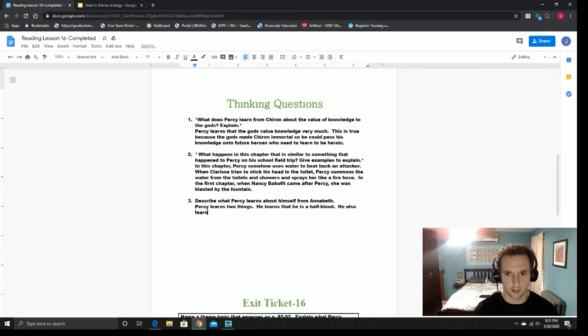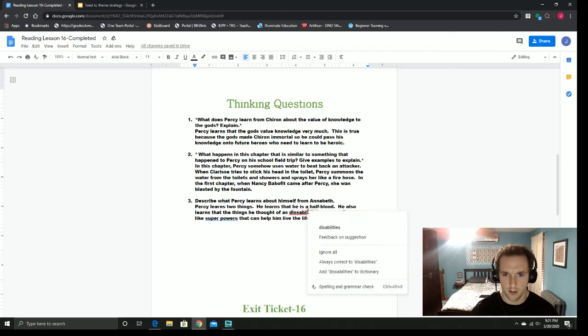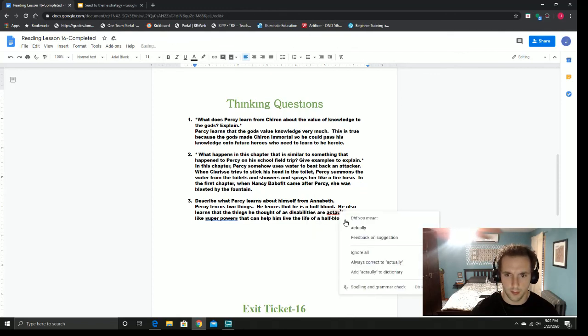He also learns that the things he thought of as disabilities are actually more like superpowers that can help him live the life of a half-blood hero. And we can dive in a little bit more.